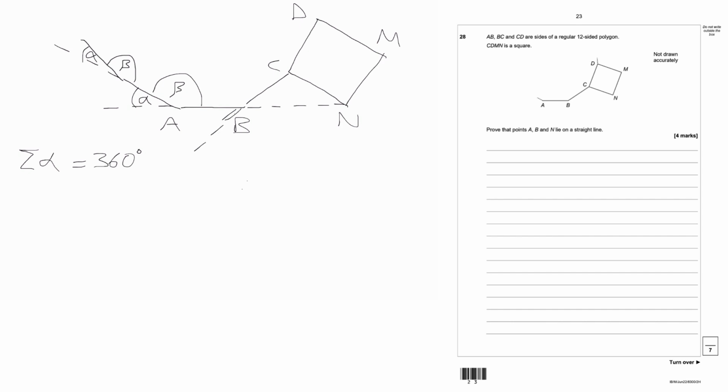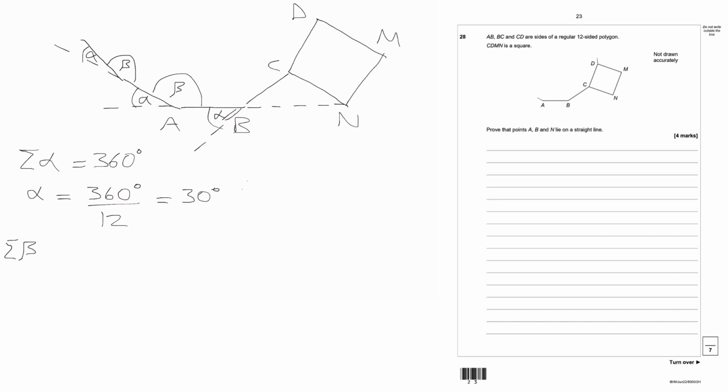We know it's 12-sided, so we should have 12 of these exterior alpha angles. So alpha is equal to 360 degrees over 12, which equals 30 degrees. So each of these alphas is 30 degrees.